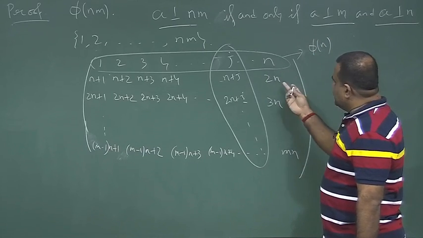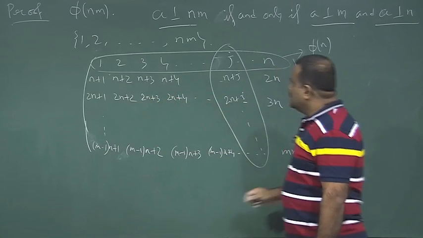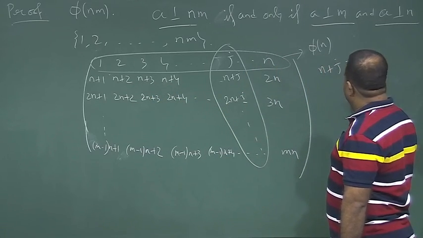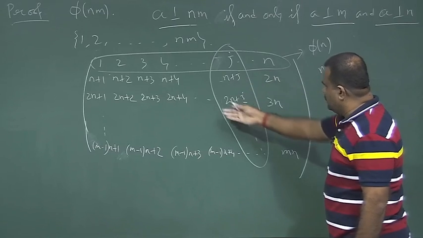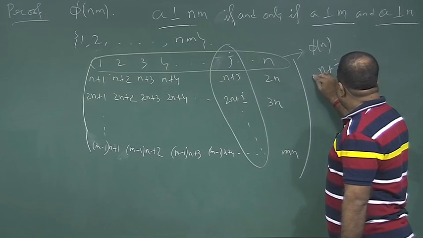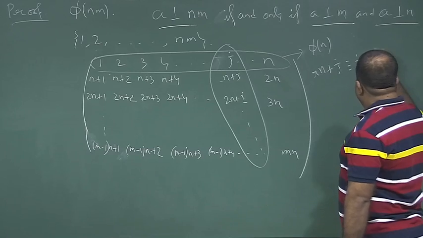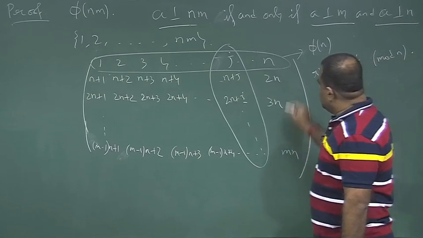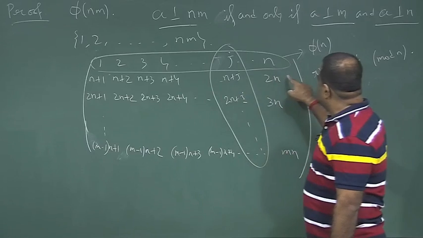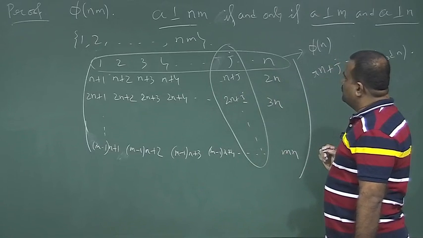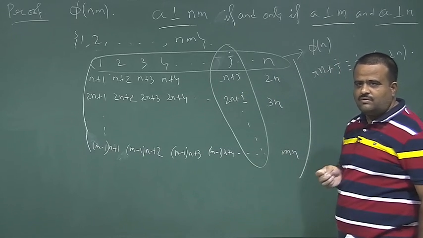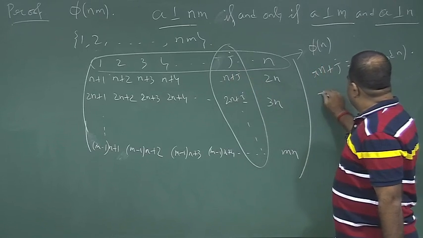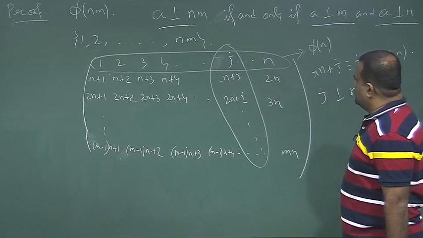This is the same in the second row, and in any row, because r n plus j is congruent to j mod n. So in any row, phi n is the number of integers which are co-prime to n. Suppose j is an integer co-prime to n.